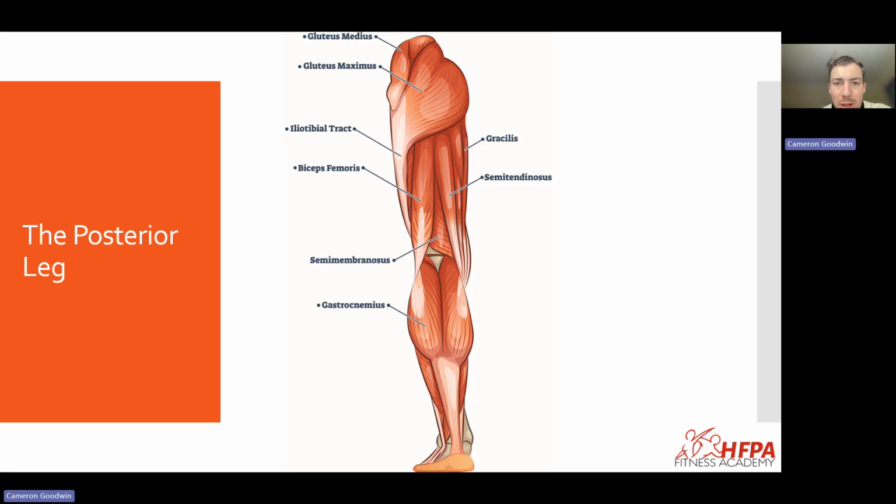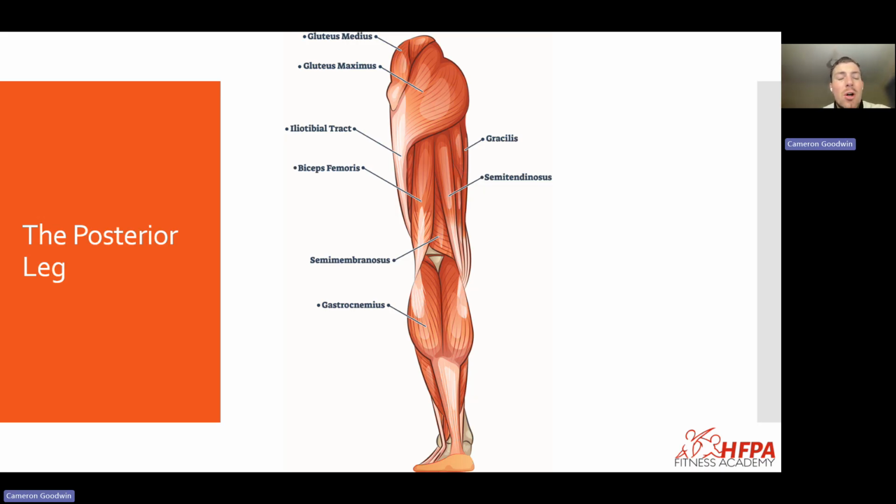Then you have your hamstrings, the same as your quadriceps, your vastus group, and your rectus femoris. So vastus lateralis, vastus intermedius, and your vastus medialis. Now your hamstrings, again, ladies and gentlemen, are your biceps femoris, your semitendinosus, and your semimembranosus.